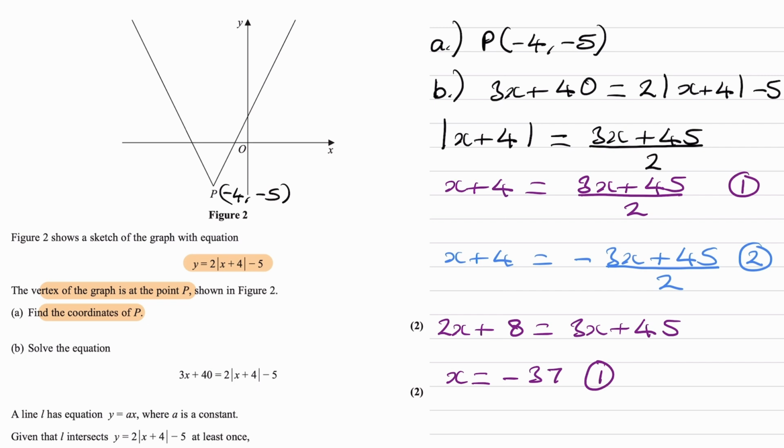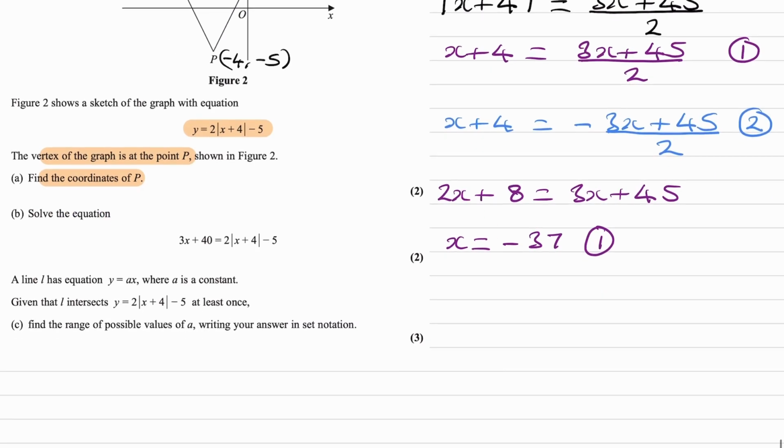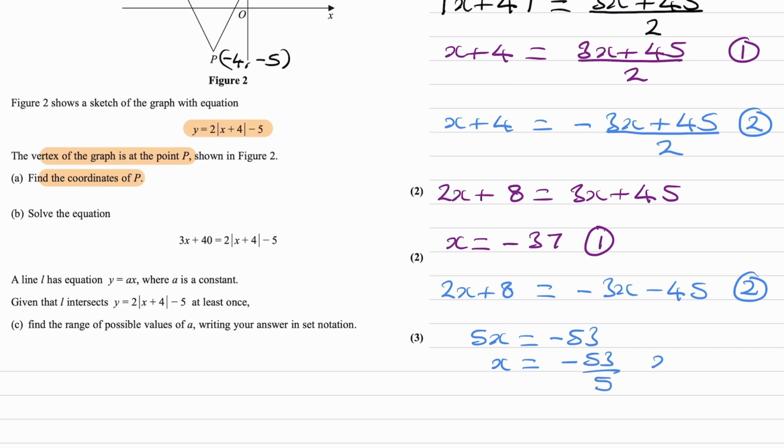And then for the blue equation, times everything by 2 again. 2x plus 8 is equal to minus 3x minus 45. That's equation 2. I've just multiplied this whole thing by the minus sign. Rearrange. 5x is equal to minus 53, and then we get x is equal to minus 53 over 5.